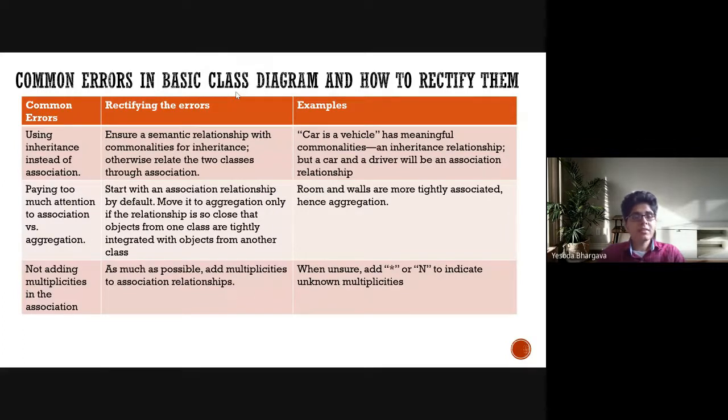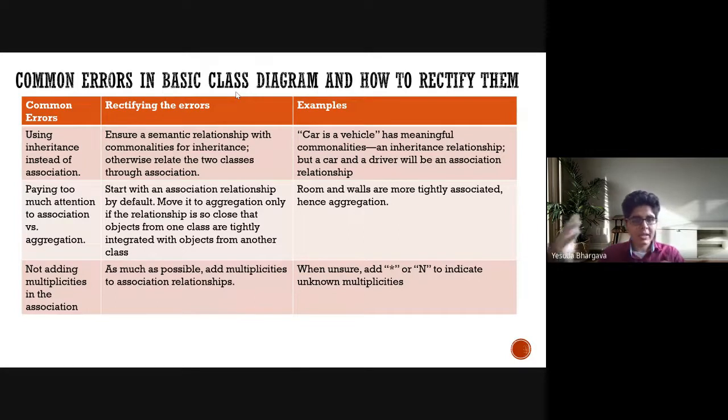To understand the distinction between inheritance and association, these are two very different things. Sometimes it can get confusing which kind of relationship to use, but your contextual understanding will help you make the right decision. Don't get too caught up in identifying the right kind of association, at least at the first level, crude level diagram.